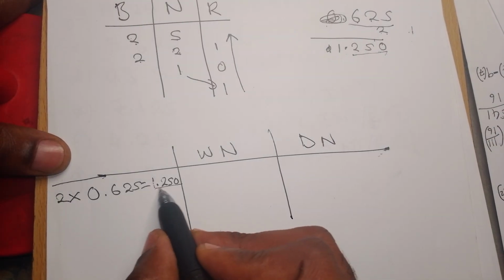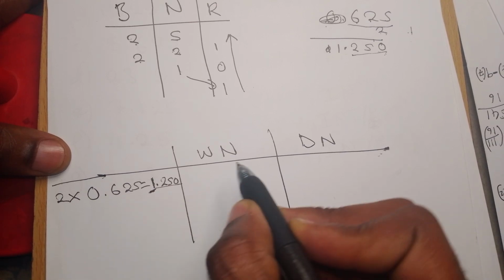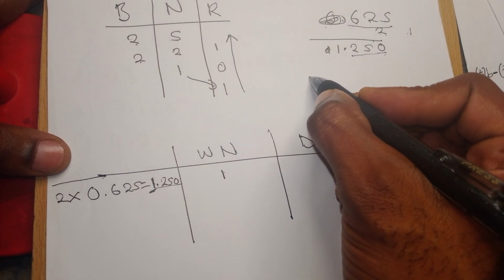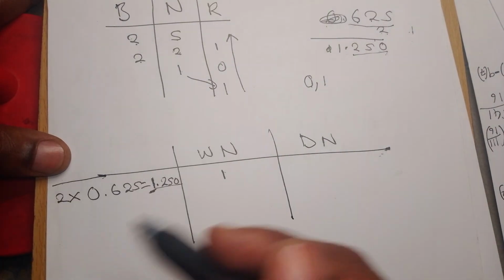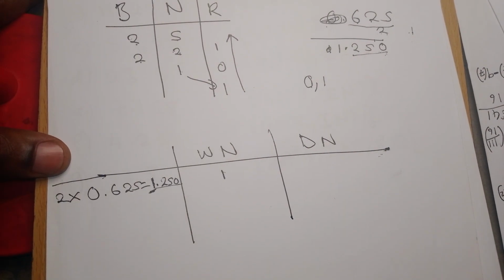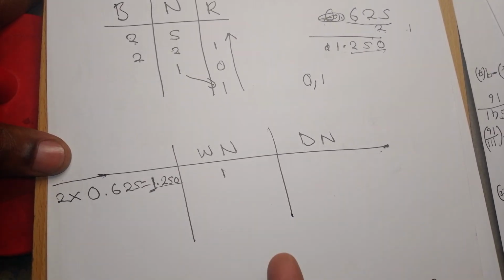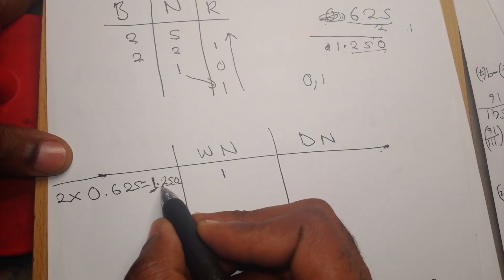So when you check these numbers here, the whole number part is a 1. So you write your 1. By the way, your whole numbers will either be 1s or 0s, because we are in base 2. So whatever you do, your whole number will always be either a 1 or a 0, but the decimal part can be anything.